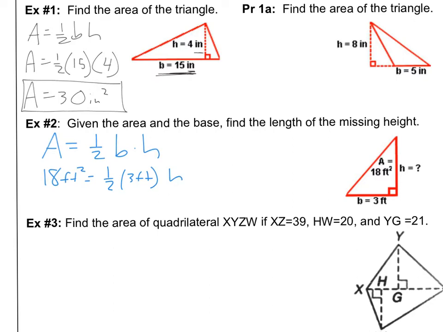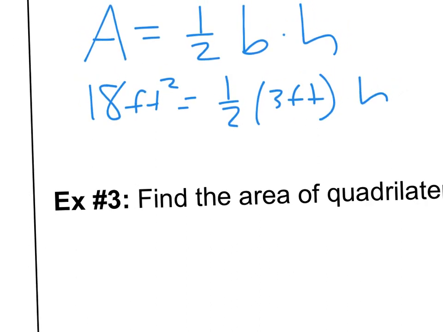And now we're just going to solve for h. First thing I would do is get rid of this 1/2 and multiply both sides by 2. When you do that, you're going to get 36 square feet equals 3 feet times the height. Now just divide both sides by 3 feet.